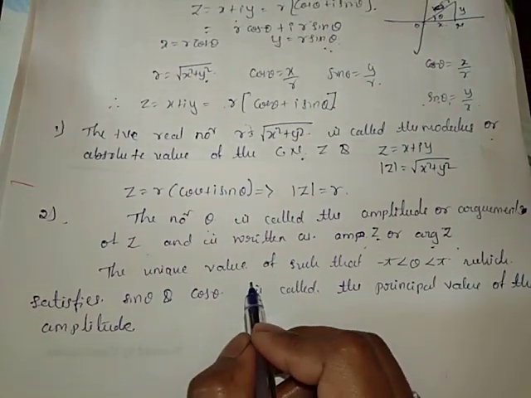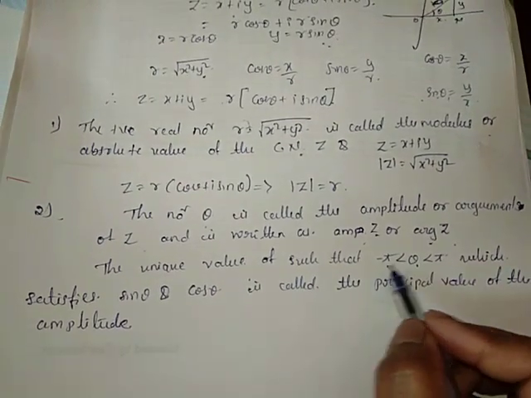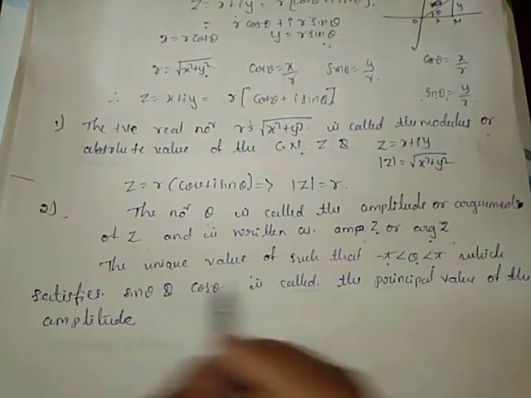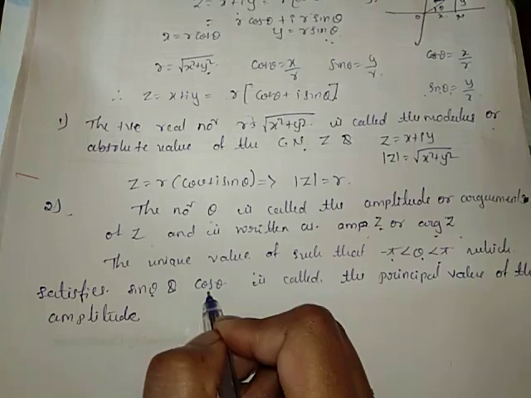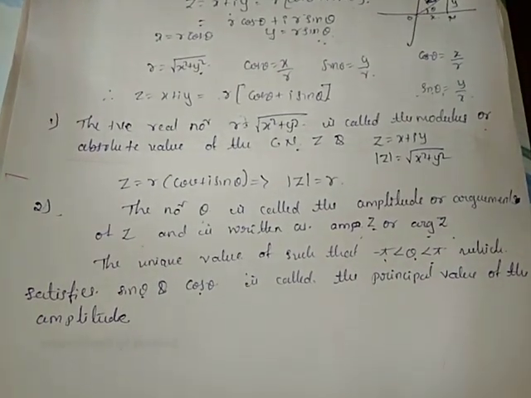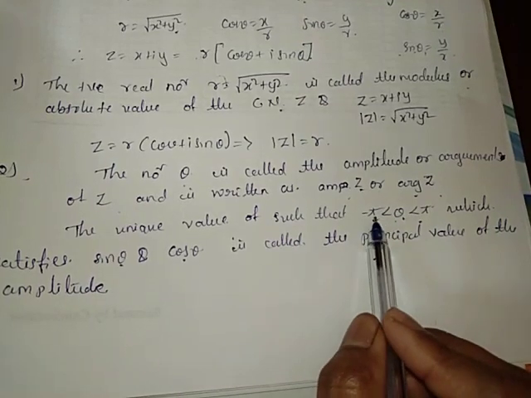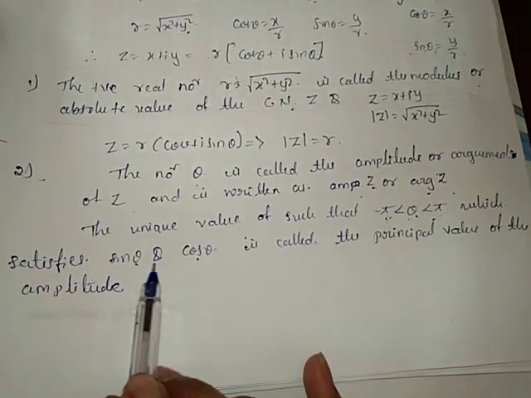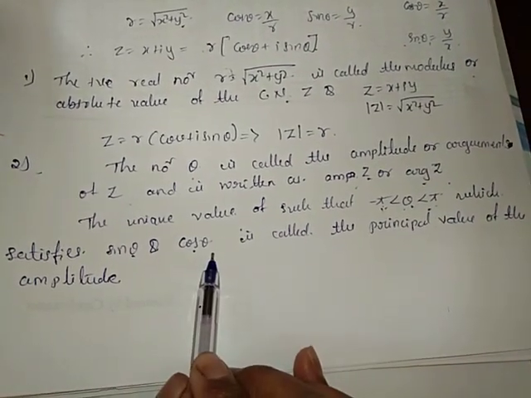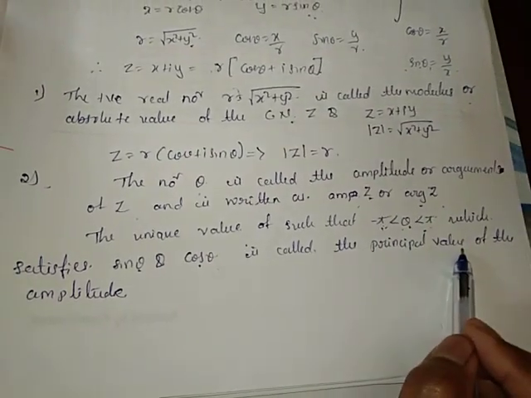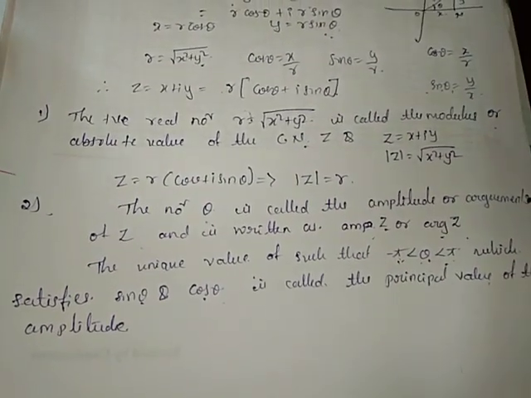The unique value of theta that lies between minus pi and pi, which satisfies both sin theta and cos theta, is called the principal value of the amplitude here.